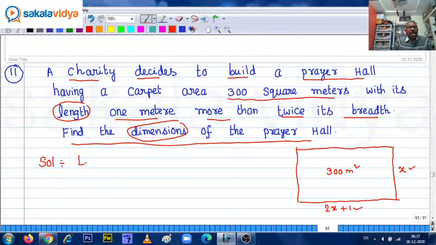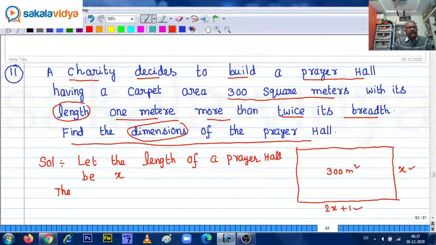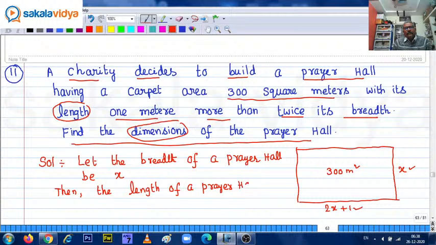Let the breadth of the prayer hall be x, then the length of the prayer hall becomes, see, twice its breadth plus 1 meter.